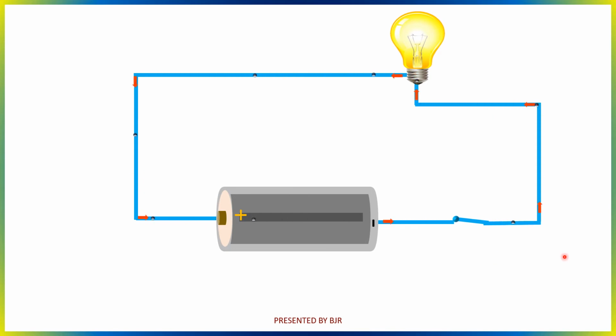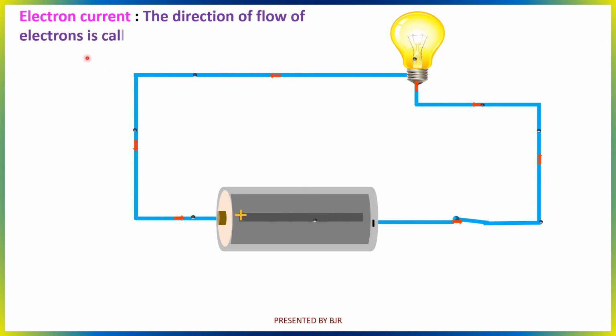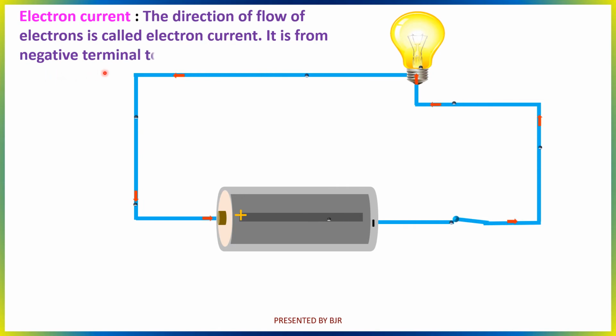So let us define here electron current. The direction of flow of electrons is called electron current. It is from the negative terminal to the positive terminal of the battery. Isn't it? So this is called the electron current.